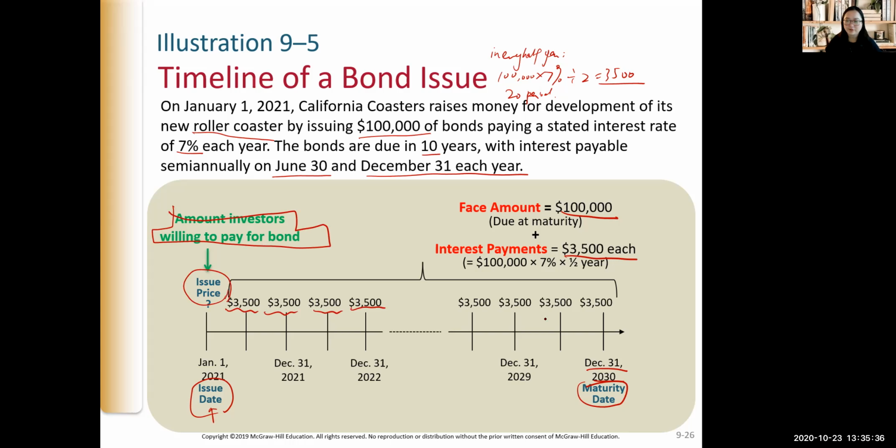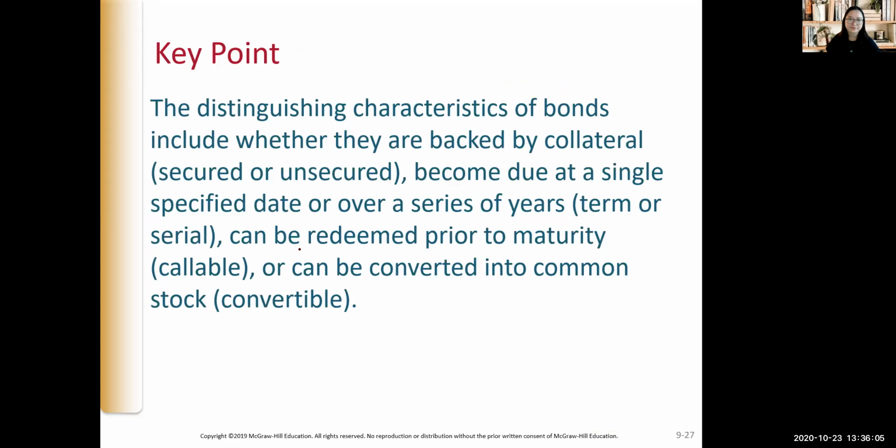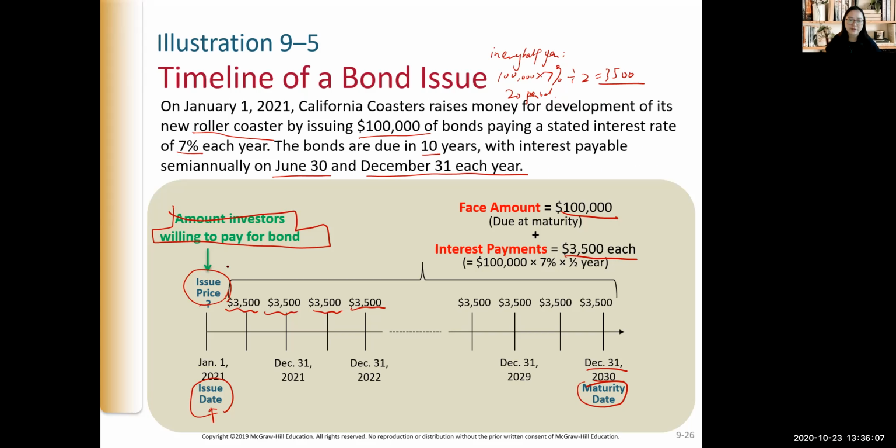Let's say they borrowed $100,000 from you for 10 years at 7% a year, paid semi-annually, and from now on every half year I have $3,500 cash inflow. But how much should I buy it for? How much should I deposit to this person who wants to borrow money from me? That's what we call the amount the investor is willing to pay for the bond. Okay, this is going to be our topic for part B.